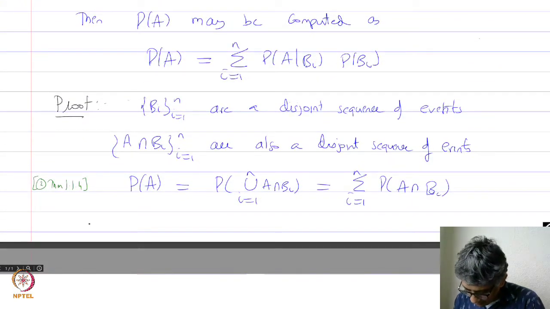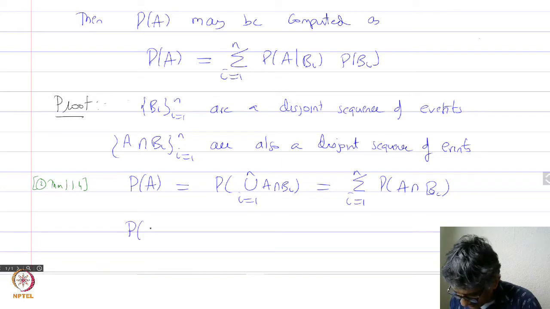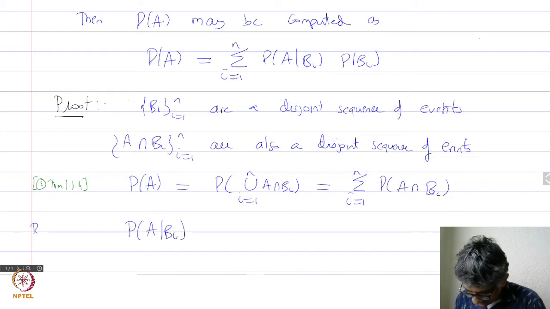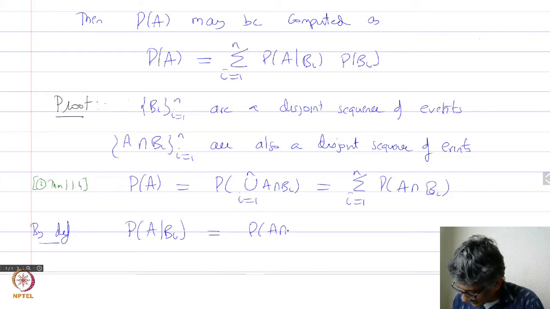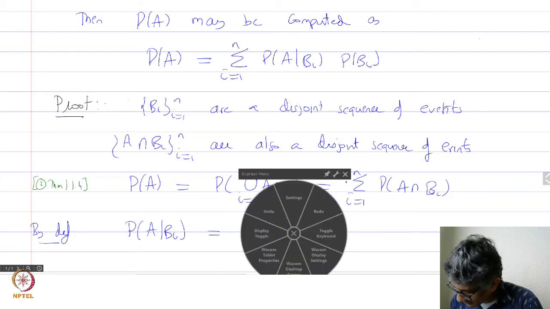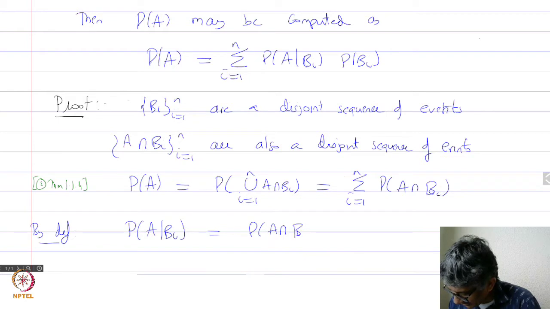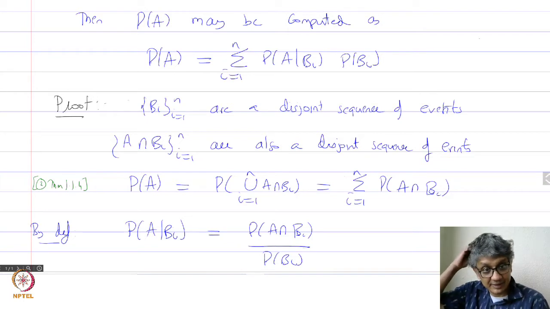But now you look at it this way. So now you know the following, right? The probability of A given B sub i, by definition, is the probability of A and B sub i divided by the probability of B sub i. This we know by definition.